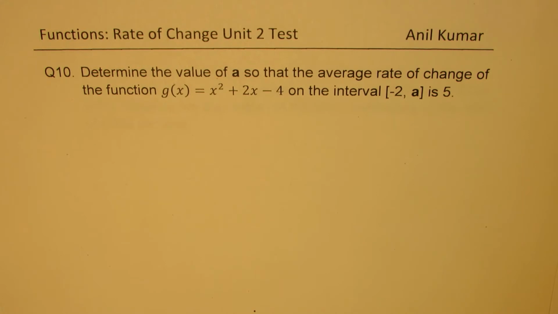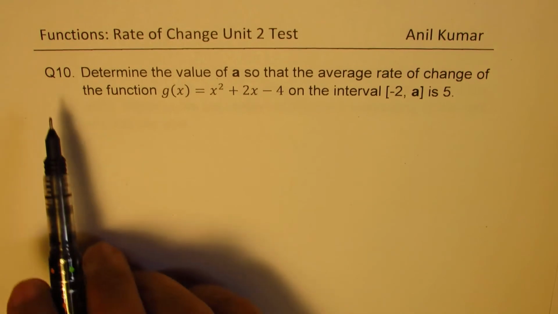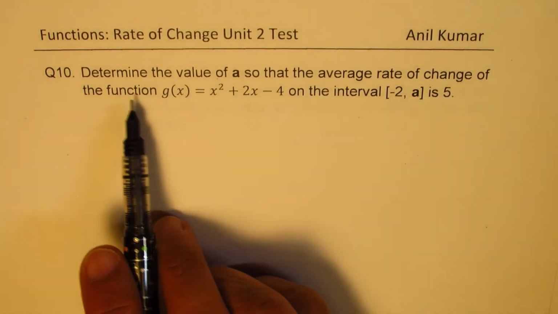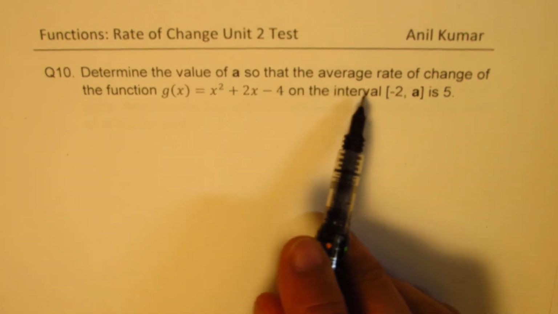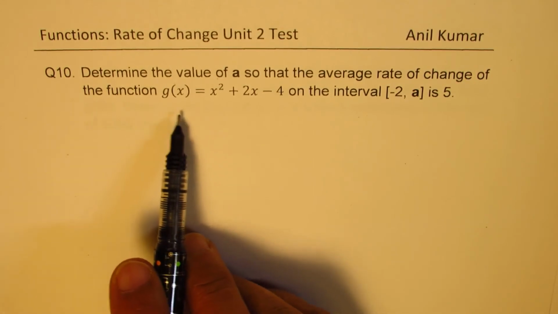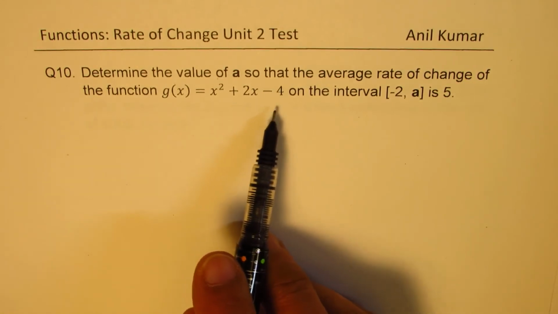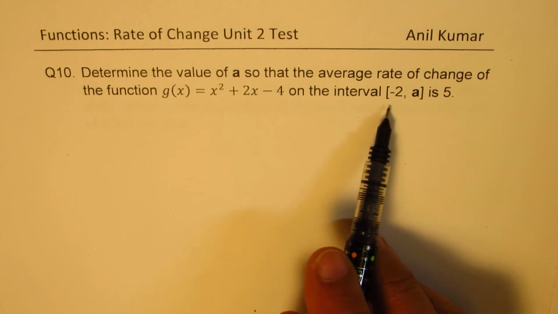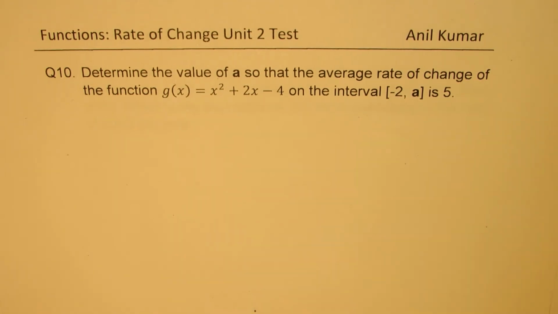Here is an excellent question from a previous test paper. Let us see how to solve such questions. Question number 10. Determine the value of a so that the average rate of change of the function g of x equals x squared plus 2x minus 4 on this interval minus 2 to a is 5.